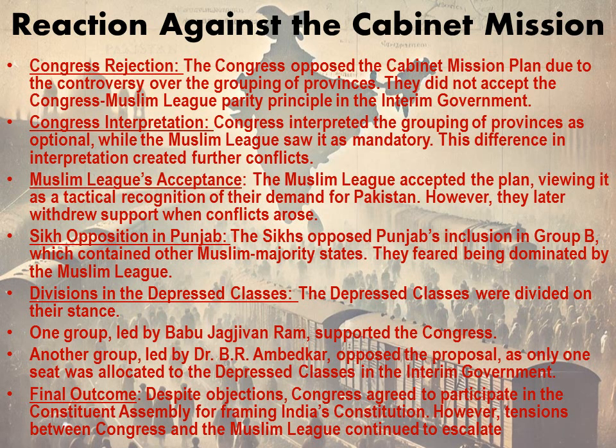So it's better to stay in the government and protest. So this time, even though the Congress did not agree to the plans of Cabinet Mission, still they decided to stay in the governance structure so that they could improve the situation from within.